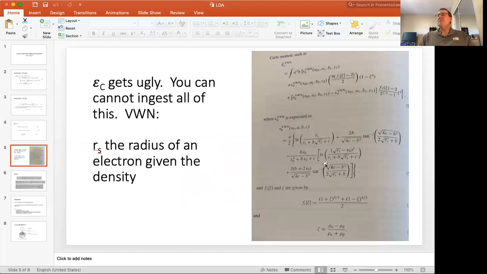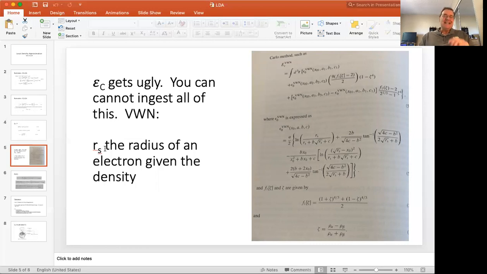Unfortunately, and I'm sorry that the picture is not better, but if you can blow it up a little bit, that will help. Unfortunately, that's not true for the correlation part. For the correlation part, what we do know is 2 limits, and I'll show you them in a moment. They are limits as a function of density. We talk about the Wigner-Seitz radius, R sub s.